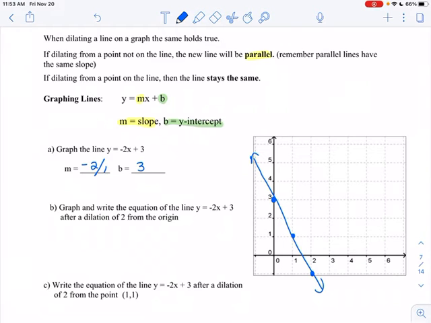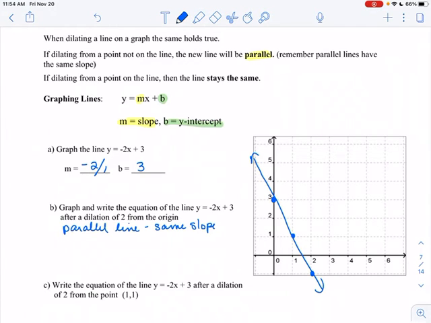Now let's graph and write the equation of the line y equals negative 2x plus 3 after a dilation of 2 from the origin. So remember, if I do a dilation, I'm going to get a parallel line. Parallel lines have the same slope. So I'm still going to have a slope of negative 2.